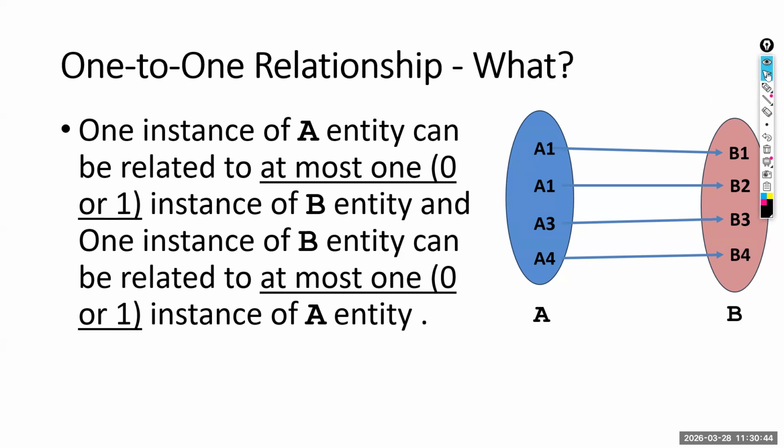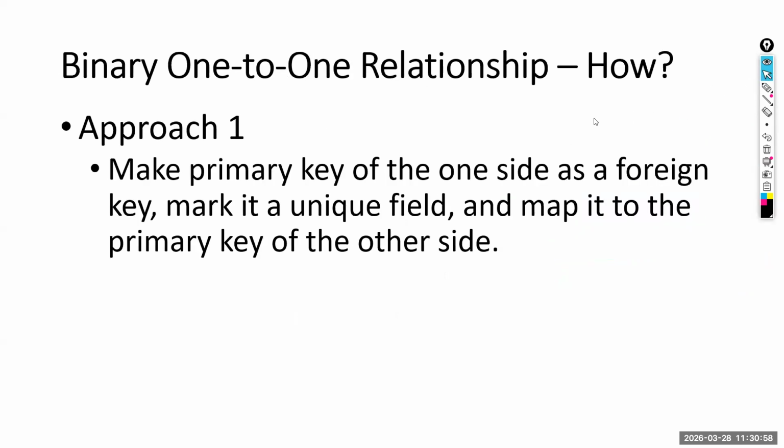But if it is between a strong entity and a weak entity, the foreign key must be added to the weak entity, not to the strong entity. Simple as that. Make the primary key of one side a foreign key, make it a unique field and map it to the primary key of the other side.